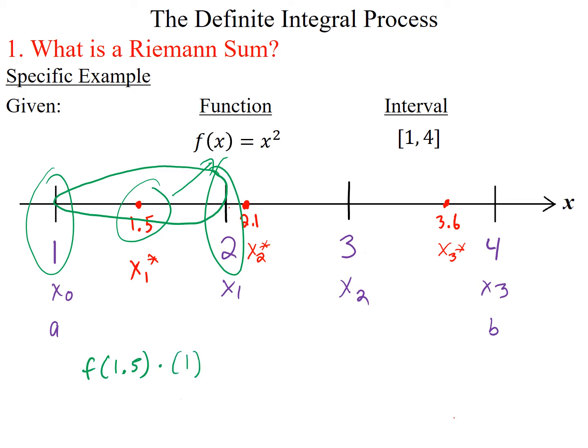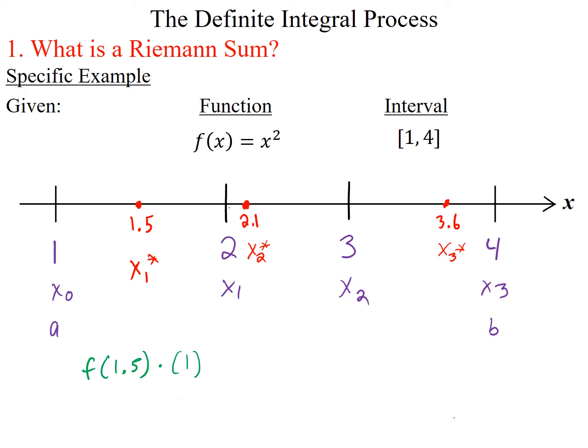So now we'll go to the next subinterval. And again, what are we going to do? We're going to plug in 2.1 into the function, our x2 star. So f of 2.1. We're going to plug 2.1 into the function, and we're going to multiply by the length of that subinterval. How long is it? It's 1. In this problem, it's 1.